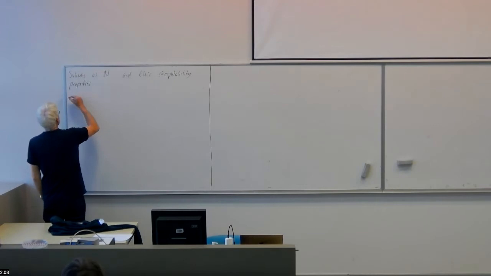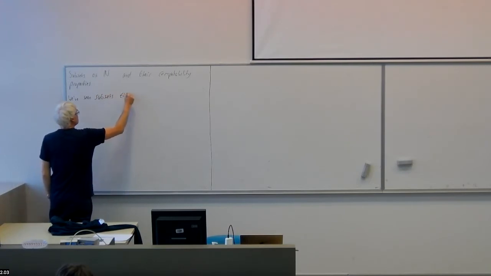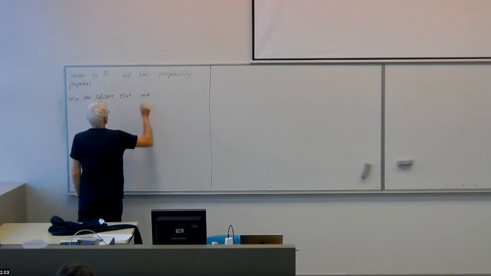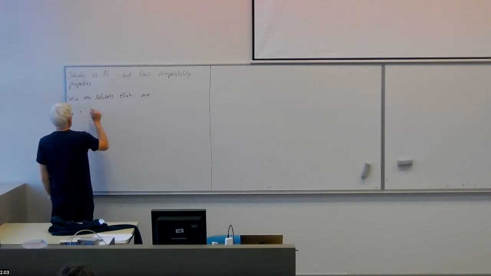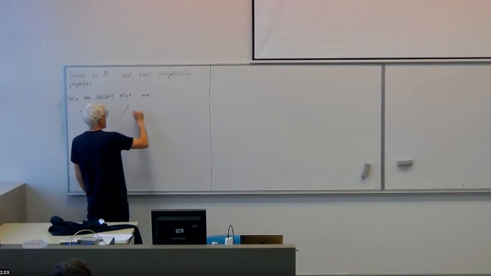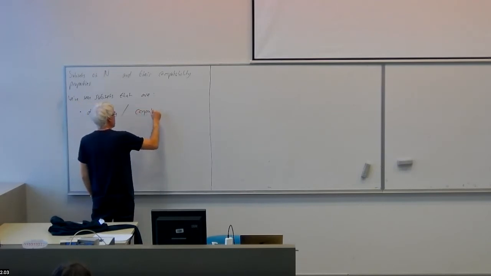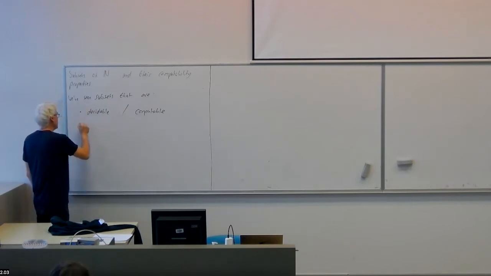So we've seen subsets that are, so the best computability property we can get is decidable, or another word for that is computable when we're talking about subsets of the natural numbers. So we all know what that means by this stage, this decision procedure that tells us if a number belongs to the set or not.